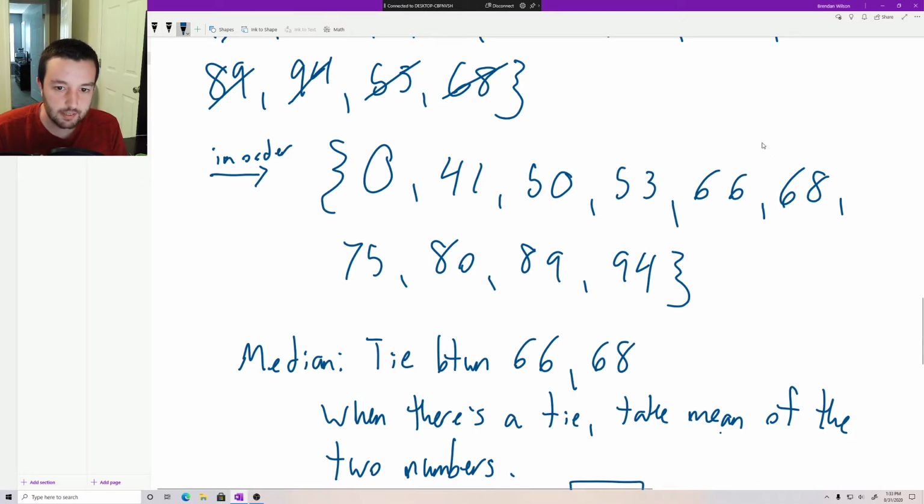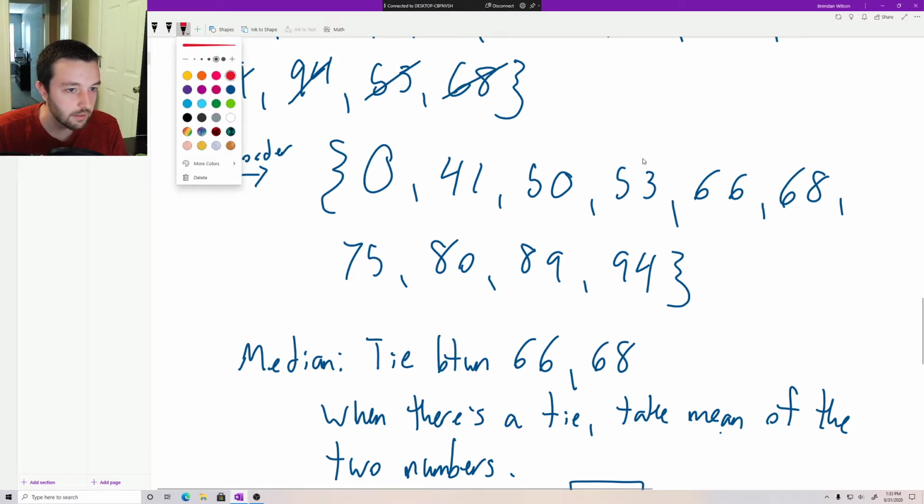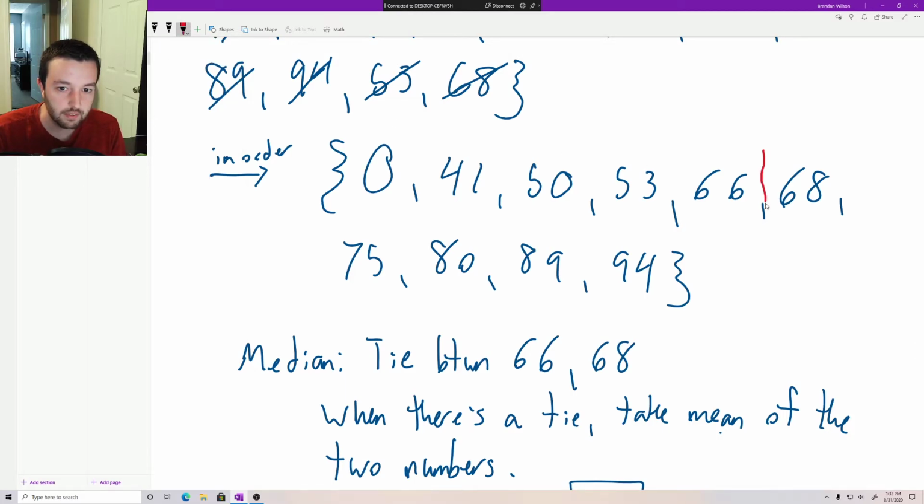Essentially it told us that, let me use a different color here. This to the left of the red line here is the first half of the data, and to the right of this red line is the second half of the data.